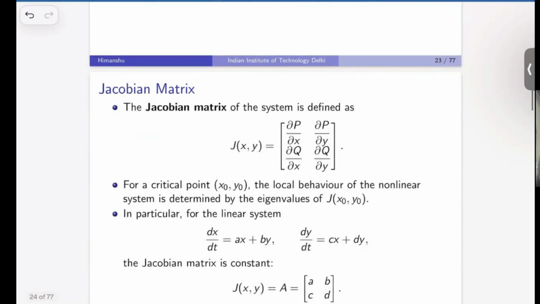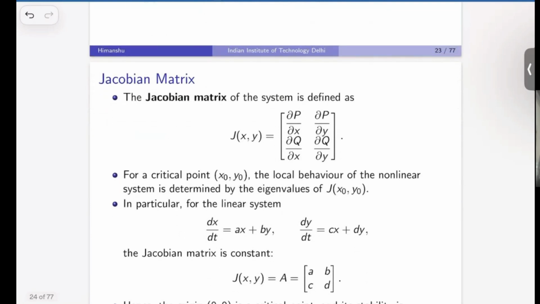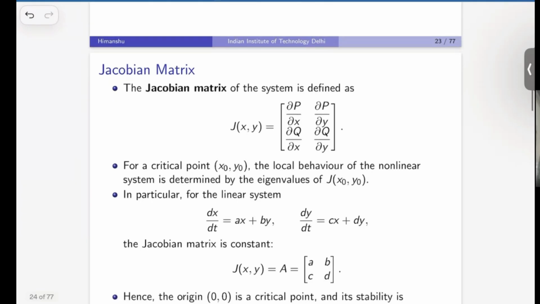Now we define the Jacobian matrix. For a 2 by 2 system, the Jacobian matrix is defined by del P over del X, del P over del Y, del Q over del X, and del Q over del Y. Now we study the behavior of our critical point using this matrix J. If the system is a linear system, one can check that (0,0) is always a critical point.